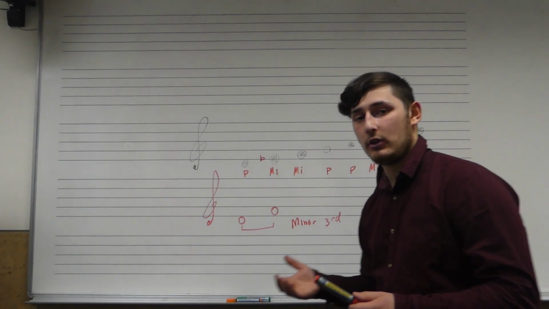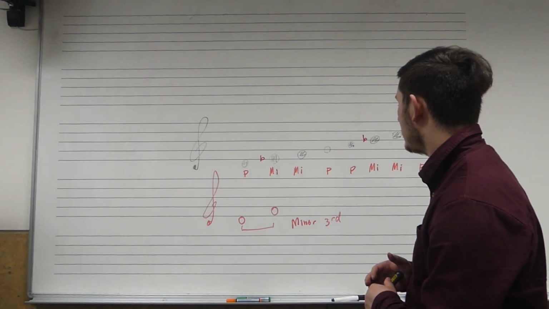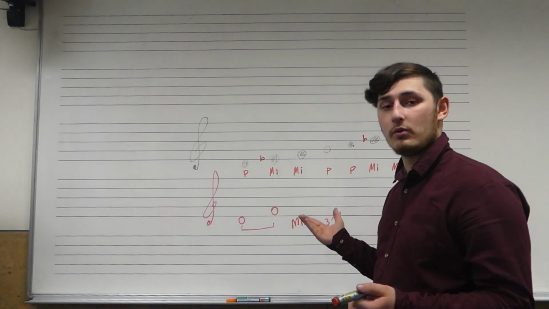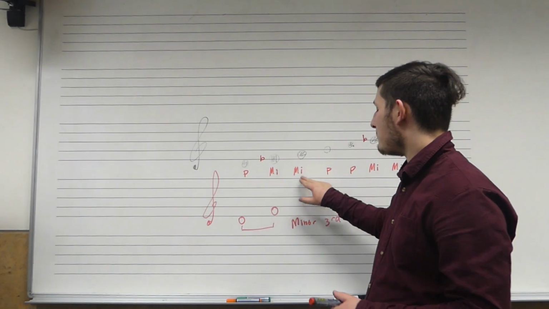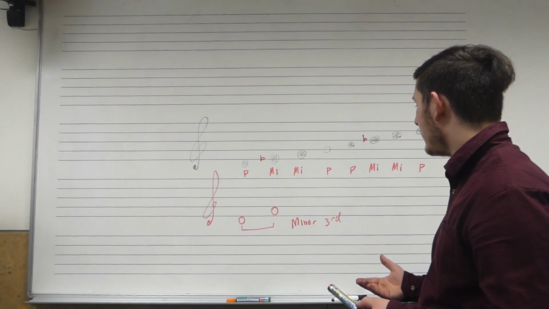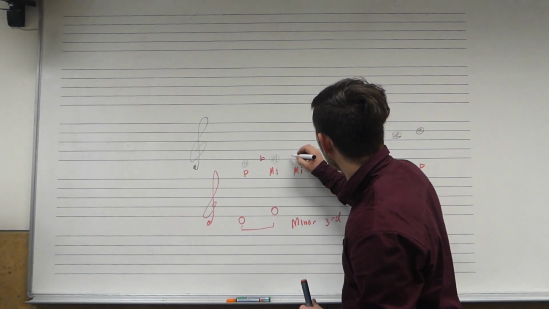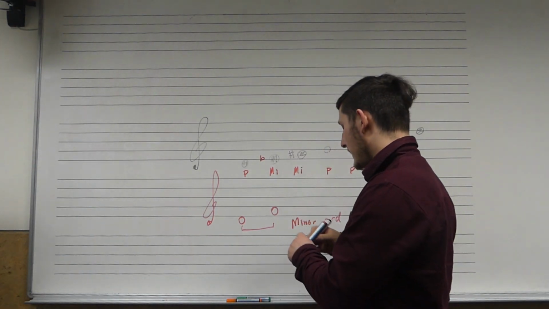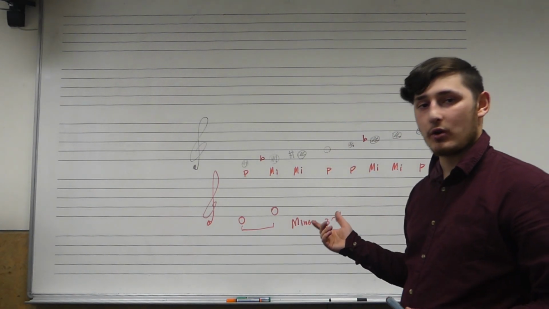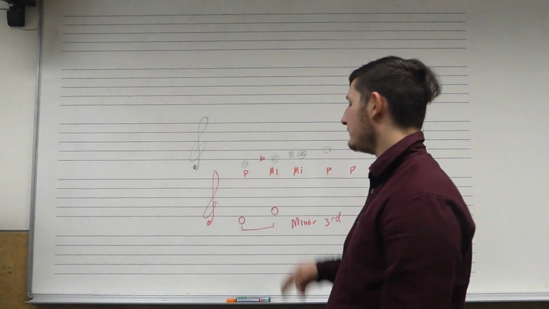And this might confuse you because there's no flat in there. So how are we going to know if this is a minor? Well, it's quite simple. Before we had a sharp, and we know that F sharp is a note of D major.